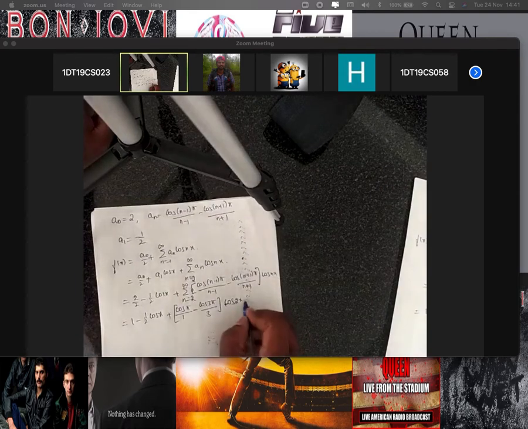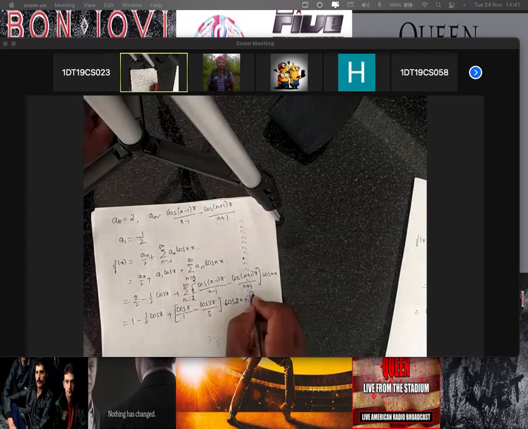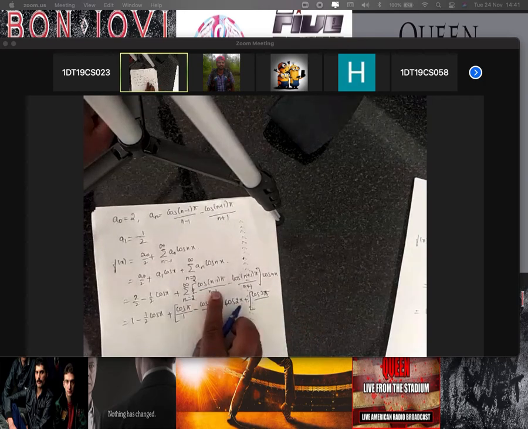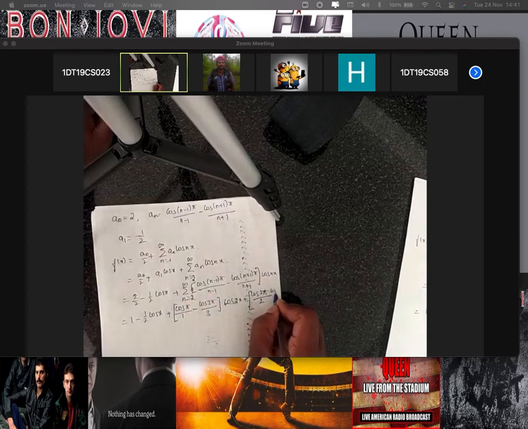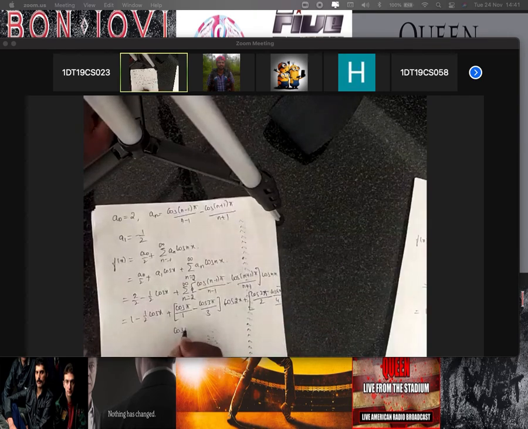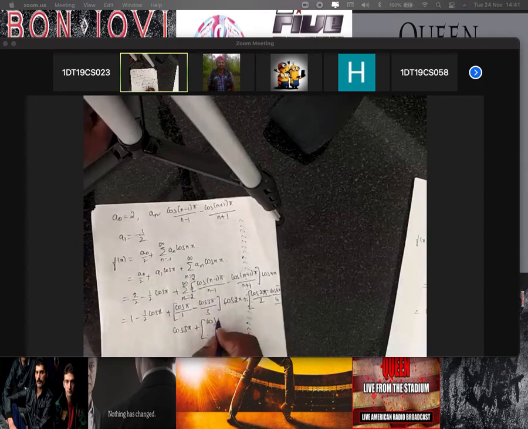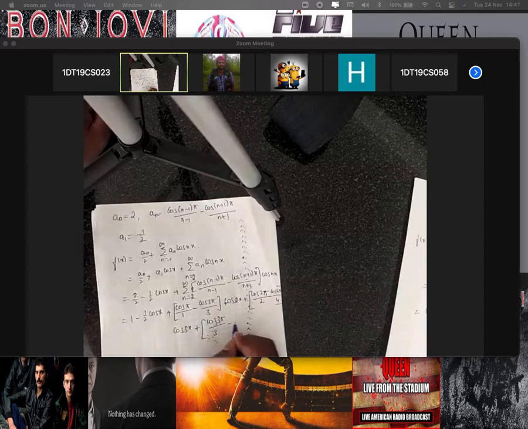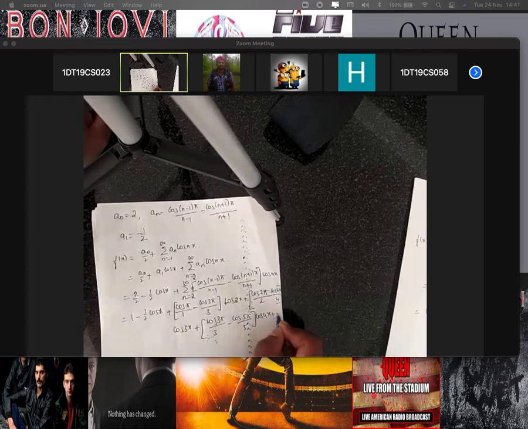Okay, next second term, give n as 3: cos (3 minus 1) pi by (3 minus 1), that is 2, minus cos (3 plus 1) pi by 4, times cos 3x, plus next term: cos 3 pi by 3 minus cos 5 pi by 5, cos 4x.